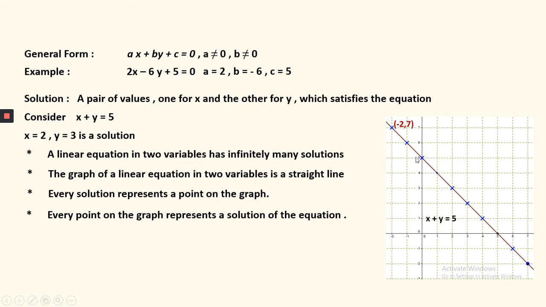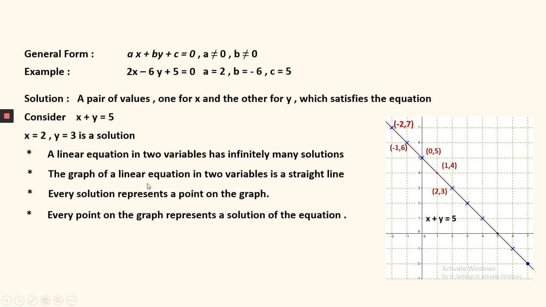So let us try the remaining points which are marked on this graph. -1, 6, 0, 5, 1, 4, 2, 3. You add the values of any of these pairs, you will be getting the sum as 5.